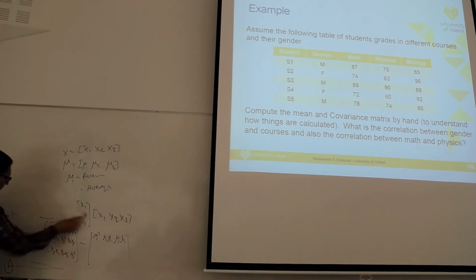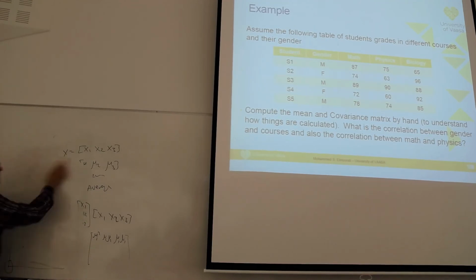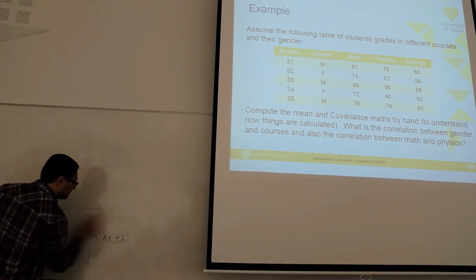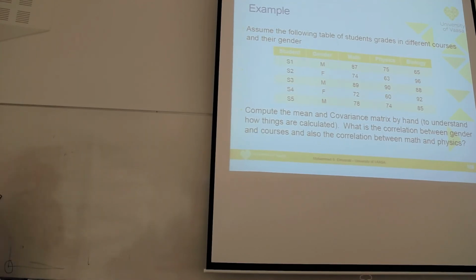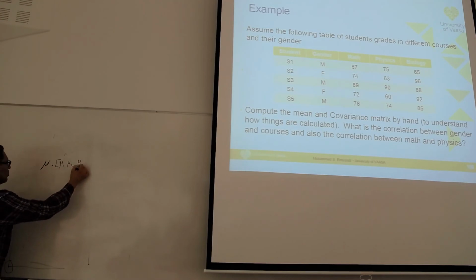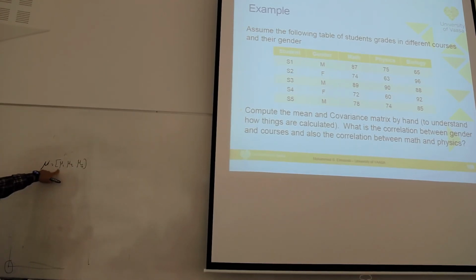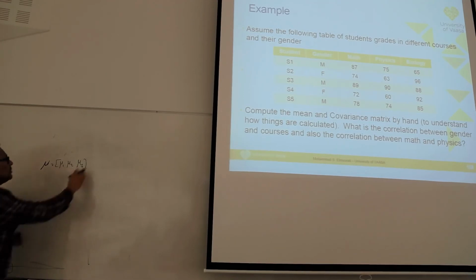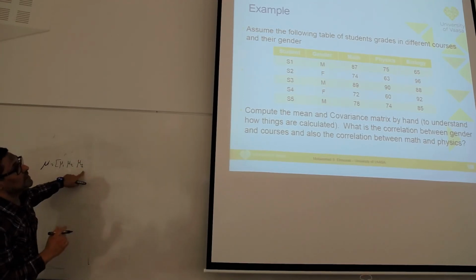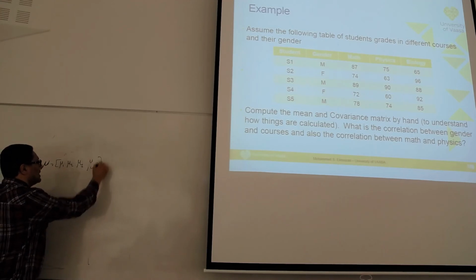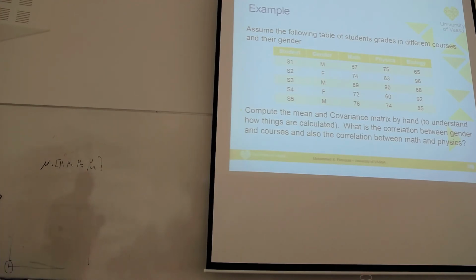The mean of every element is easy to find, because the mean vector contains mu1, mu2, mu3, and so on. mu1 is the mean of the gender, mu2 is the mean of the math, mu3 is the mean of the physics, and mu4 is the mean of the biology scores.